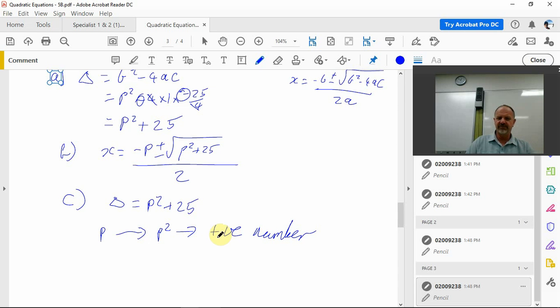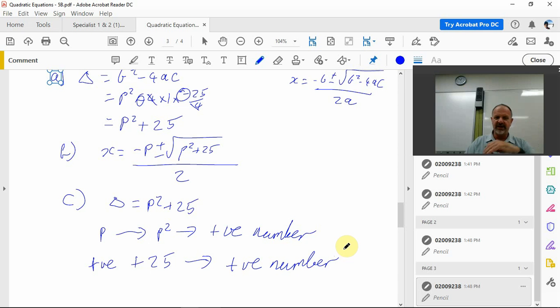If p was positive, a positive times a positive is positive. Then we're taking that number, the p squared, and adding 25. So we've got a positive number plus 25. Well, that's going to be 25 bigger, and that's a positive number as well.